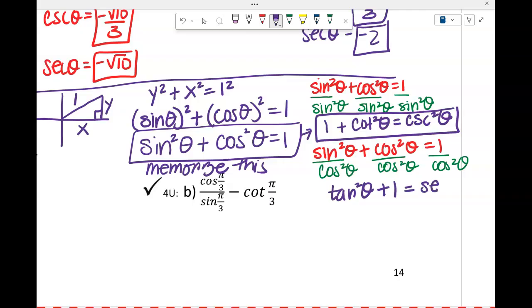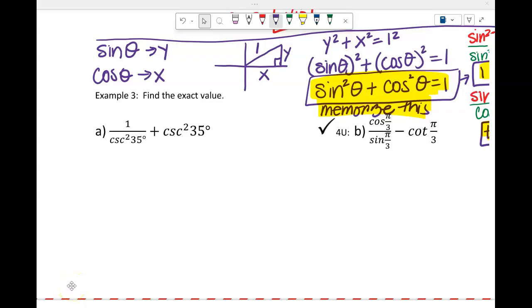We already know that's secant squared of theta. So these are the 3 theorems that we really do need to know. But if you know the main one, dividing each term by sine squared or cosine squared will get us the other 2.